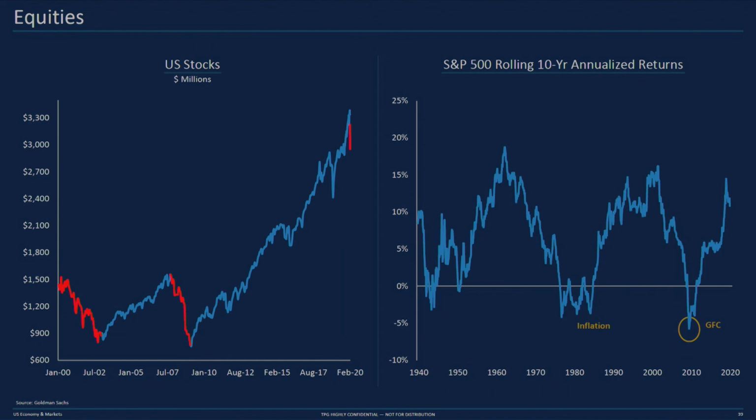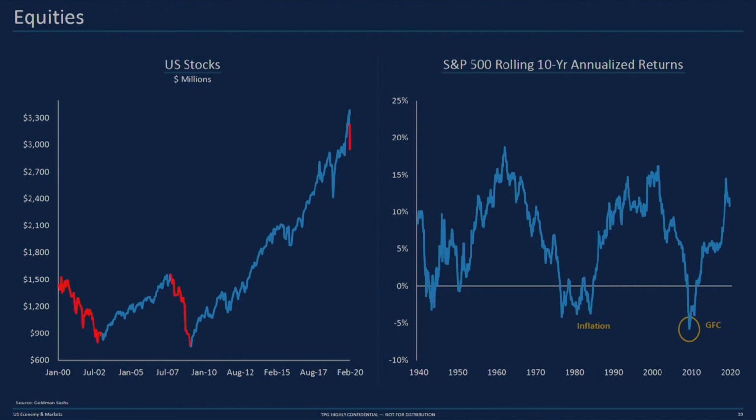Now let's translate that into markets and equities, again, from the investor's perspective. That chart on the left, what an amazing run we've had over the last decade prior to the last couple of weeks. And the chart on the right, let's examine the chart on the right. So that's the 10-year rolling annualized return of the US stock market.